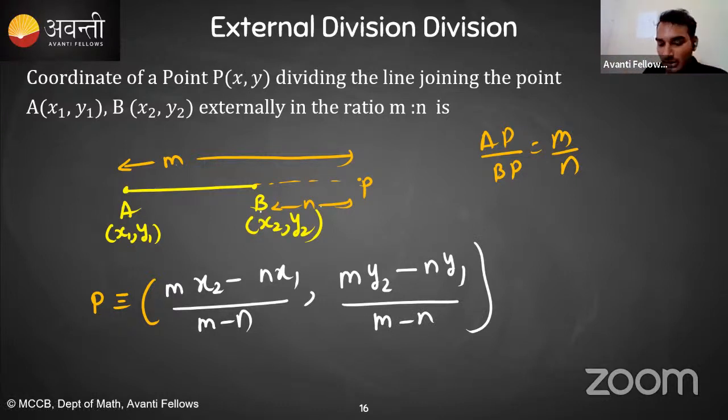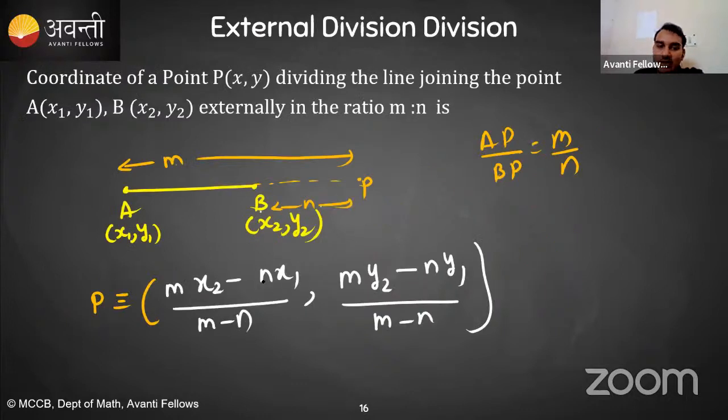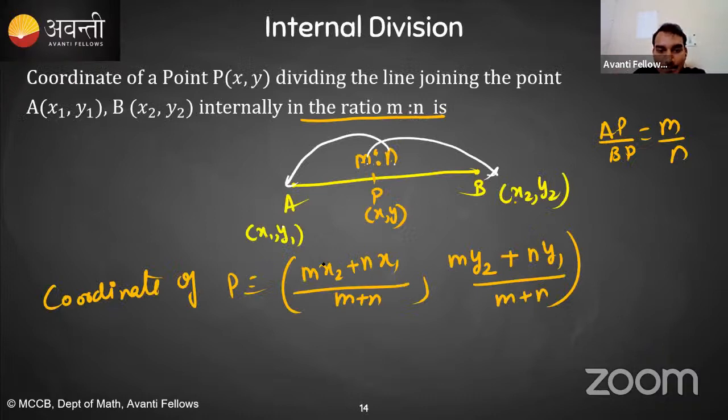So if you have looked closely at the coordinates of P when the division is internal and external, you will find that there is only a difference of sign between these two terms. In internal division you are getting plus, and in external division you are getting minus, both in numerator and denominator. So it means, just for the calculation part I'm telling, if you replace either m or n with a negative sign, you will get the external division.